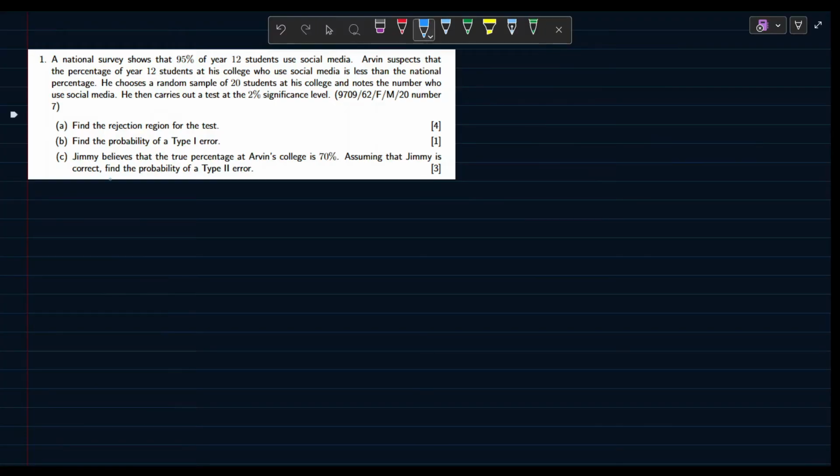Okay, so let's define our random variable X. X is the random variable, the number of students who use social media at Arvin's college.